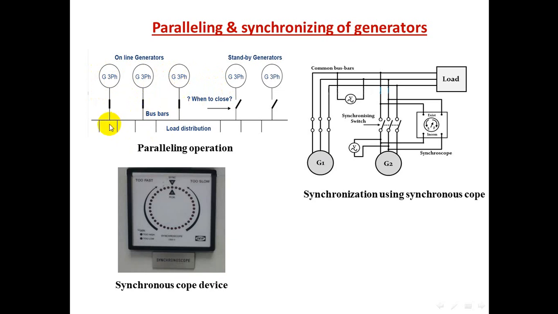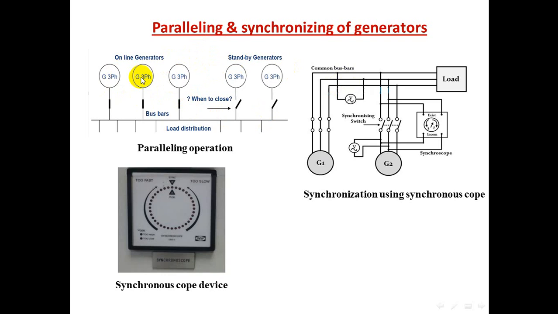2. They must operate at the same frequency. The frequency of every generator must be the same as that of the other generators, equal for every generator. 3. They must operate at the same voltage.